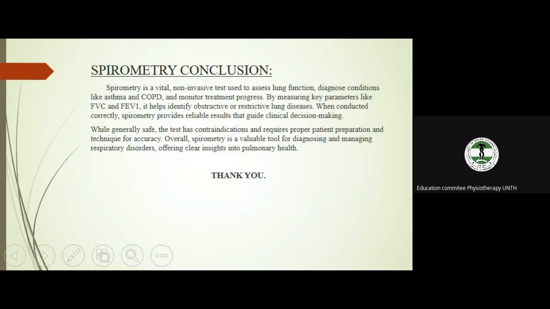If you don't do a correct spirometry, it will not lead to good decisions in your clinical practice. While generally safe, the test has contraindications and requires patient preparation and technique for accuracy. Overall, it is a valuable tool offering clear insights into pulmonary health. Thank you.